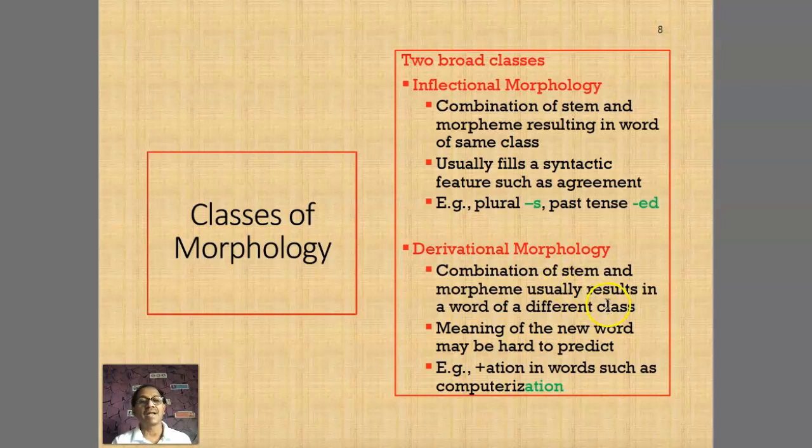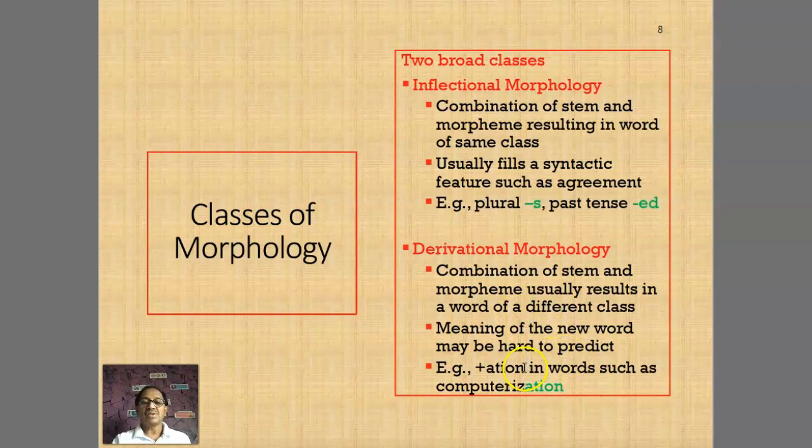That is, a noun becoming an adjective, or an adjective becoming a noun, or a noun becoming a verb, or a verb becoming an adverb. Right? The class changes. The meaning of the new word may be hard to predict sometimes. When you add an affix in derivational morphology, the word's meaning may change sometimes.